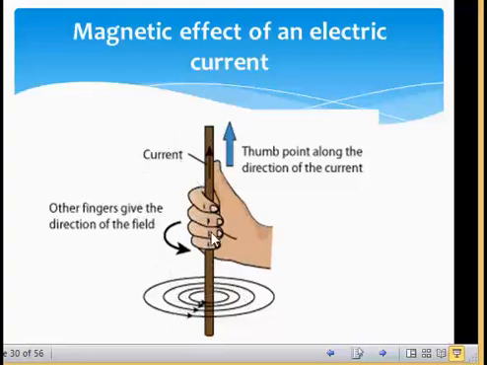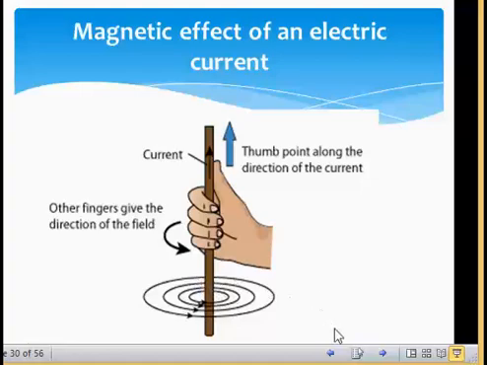Invariably now, if you turn this, the current is downward, then the magnetic field would now go in a clockwise direction.